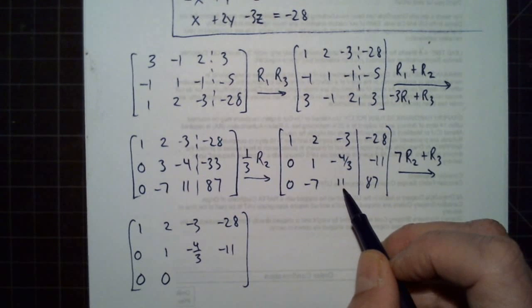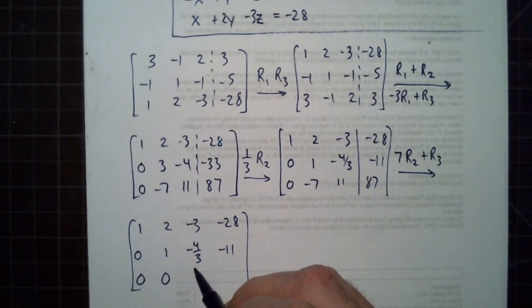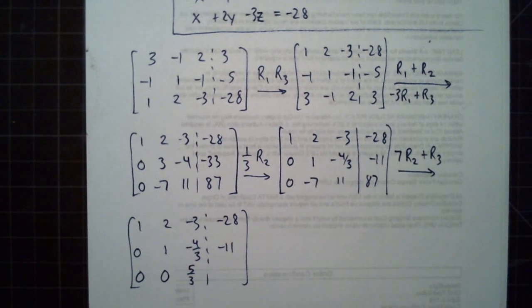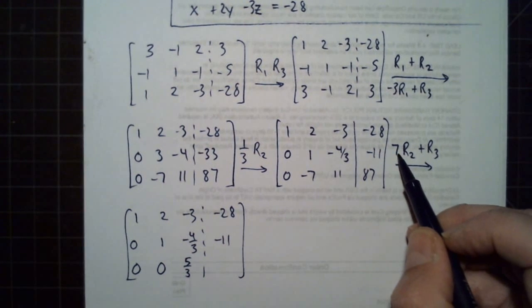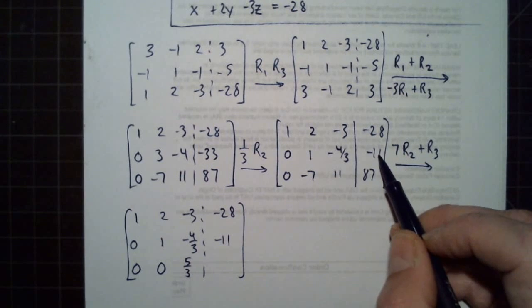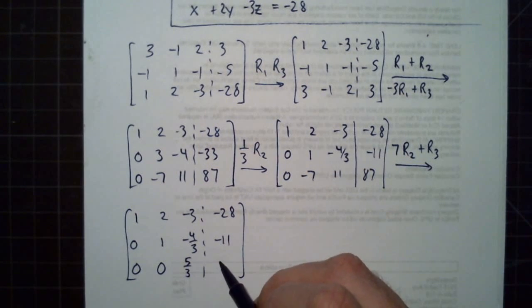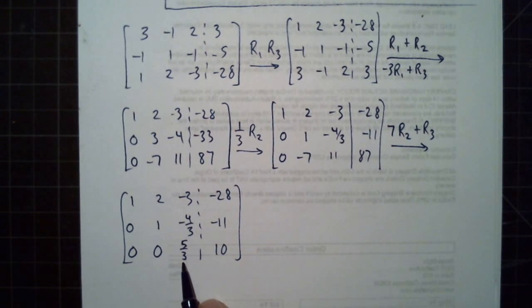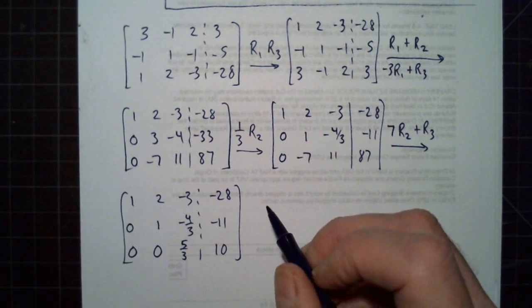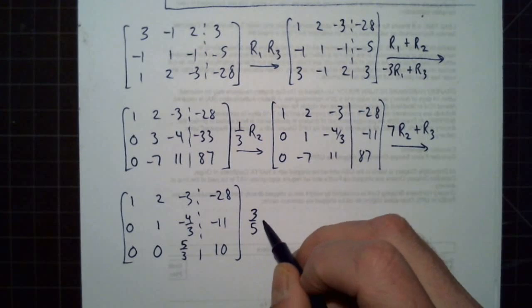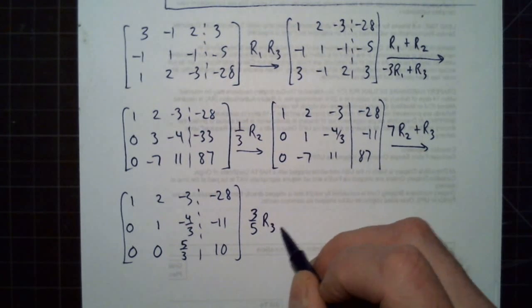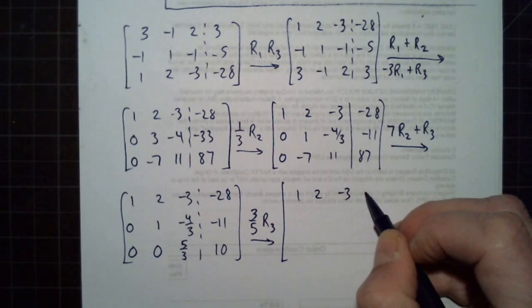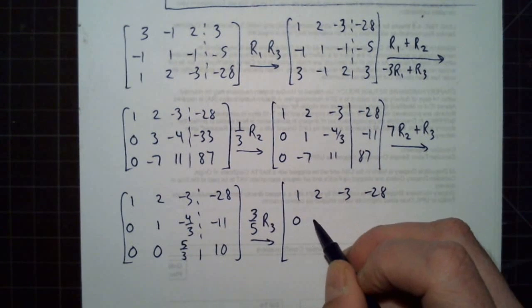And we're going to end up with 5/3. And this is -77 plus 87 is 10. Alright, we want to make that a 1. So we just have to multiply by 3/5 on row 3, and then it will be in row echelon form.